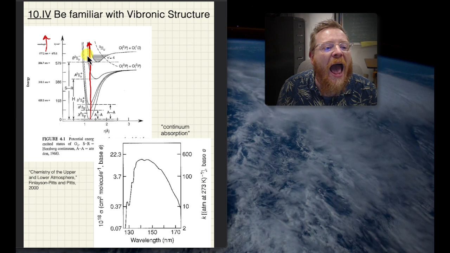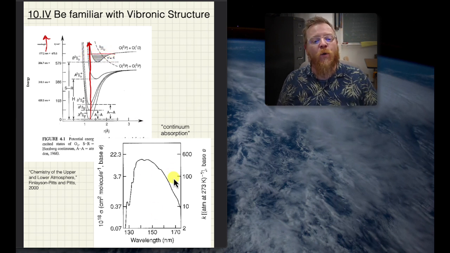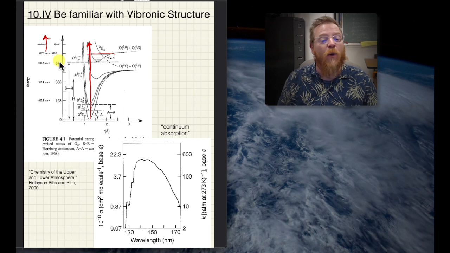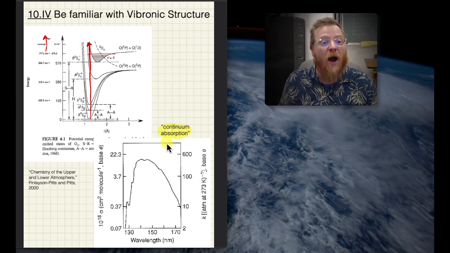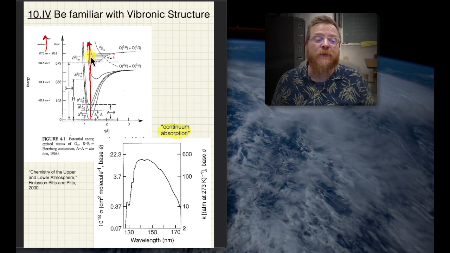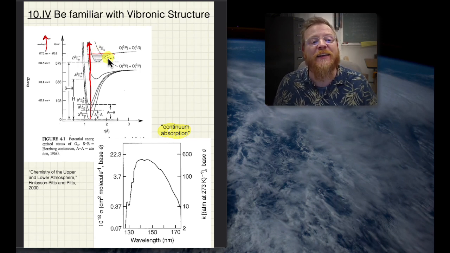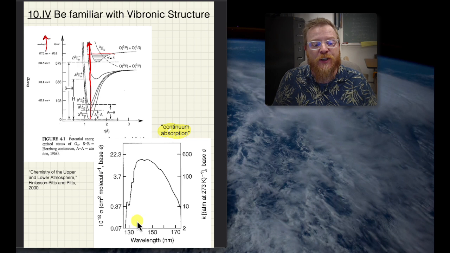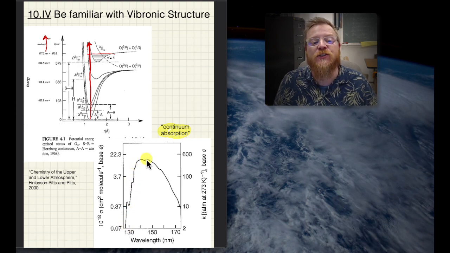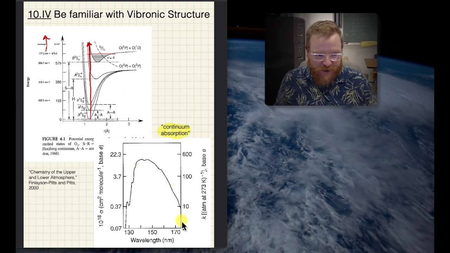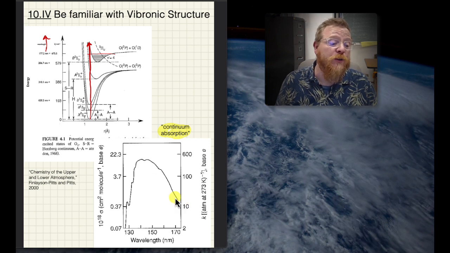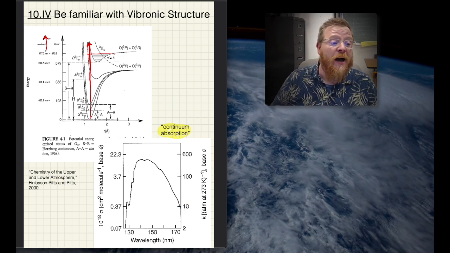We've gone past this vibronic structure, and now what we're only seeing is what's known as continuum absorption. We've gone past the well, so we're no longer seeing these individual vibrational states. Instead we have this nice, smooth, continuous looking spectra. So that is also very much a part of vibronic structure that we can see.